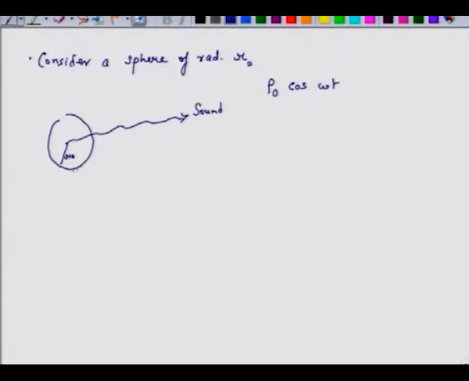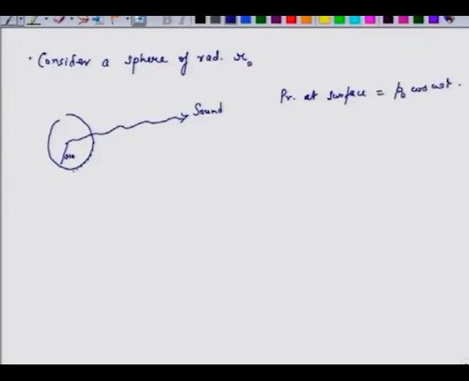So, pressure at surface equals P naught cosine of omega t.